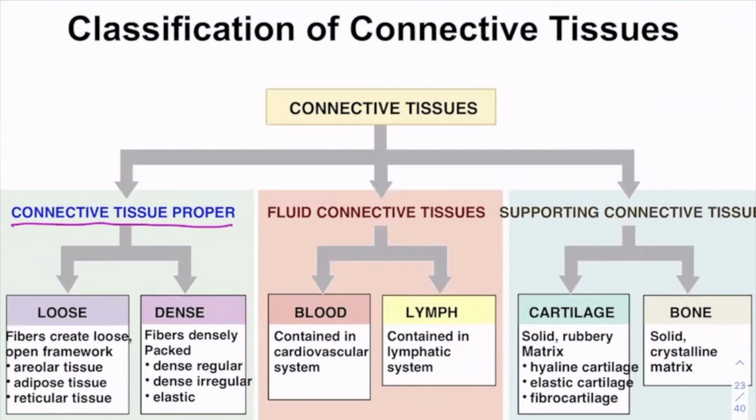Fluid connective tissue is just blood and lymph, and supporting connective tissue is supporting. So it's not connecting anything. It's just supporting. An example of that would be cartilages: hyaline cartilage, elastic cartilage, fibrocartilage.